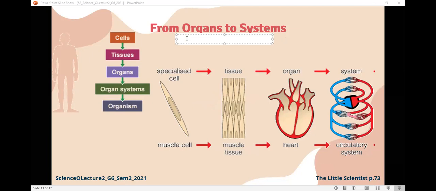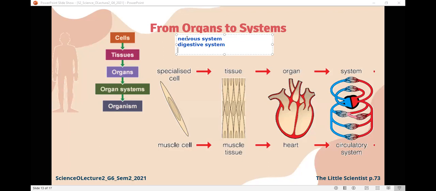The nervous system. The digestive system. And the blood system.